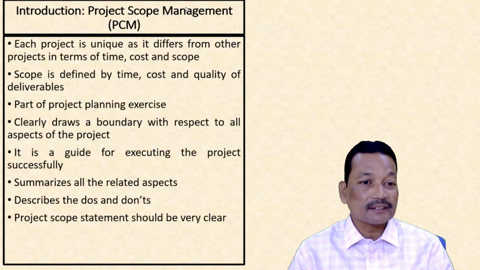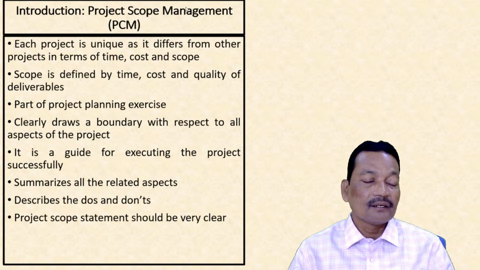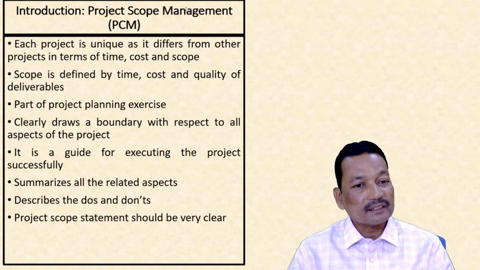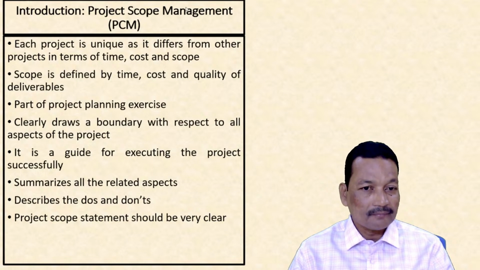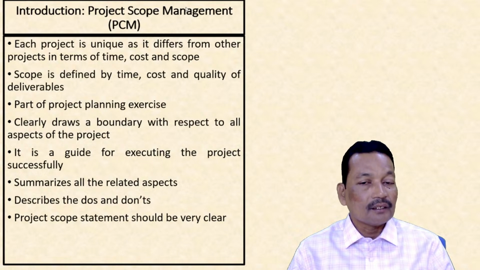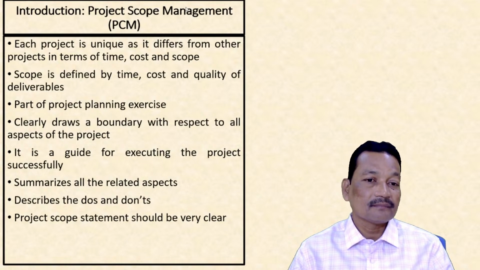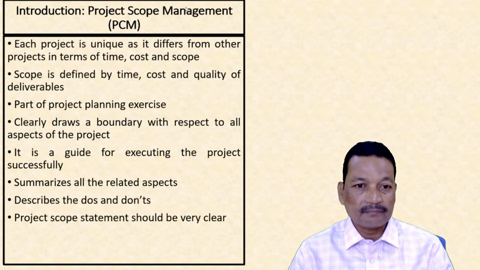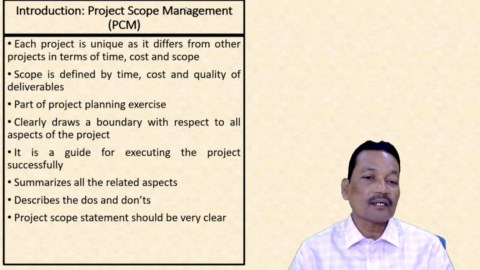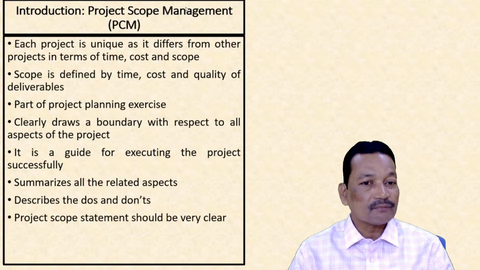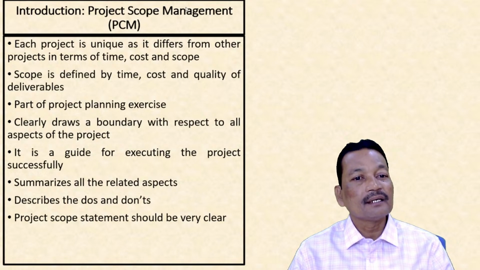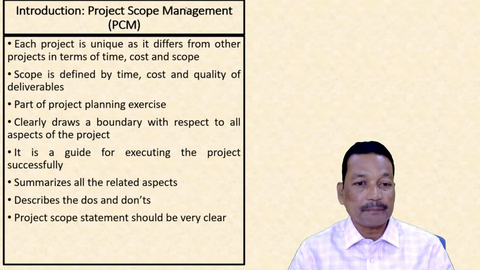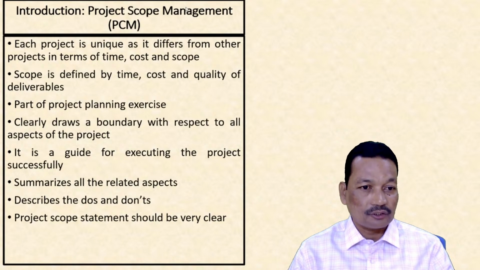When I say all aspects, I mean what resources are consumed, what time is taken, what budget we have, and what the deliverables are. All these things comprise the aspects of the project, and we should have a boundary for every project, because if we don't have a boundary, then it becomes very difficult to stick to, suppose, the time frame, the budgeted cost, etc.